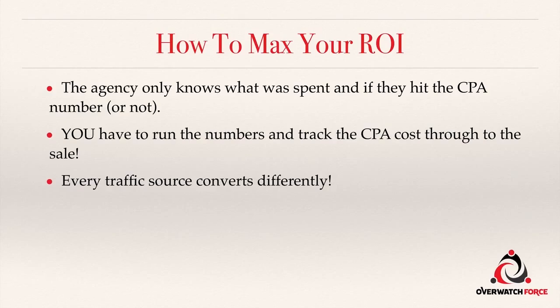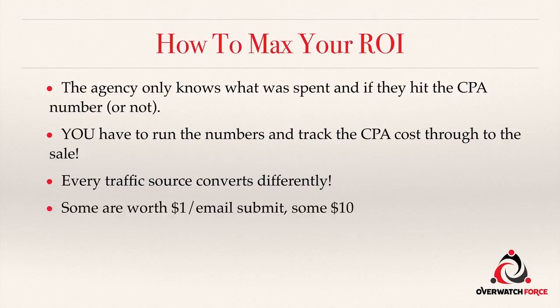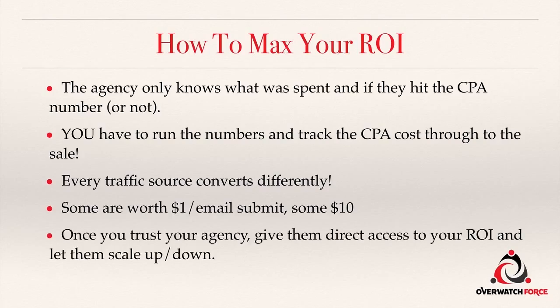It doesn't matter if you're doing email opt-in or going for a sale right on the front end. You have to track the lifetime value in order to know what the lead is worth. And you need to track each traffic source independently because some are worth $1 in email submit, some are worth $10.